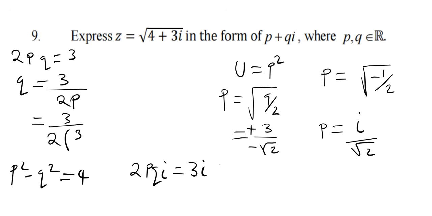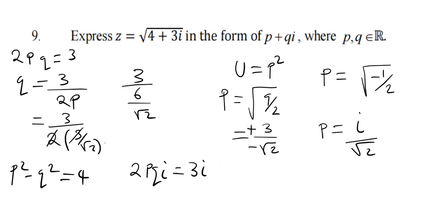Our p is 3 over root 2. I think this one now is better. So from there, you're just supposed to solve this expression. In this case, your 2 multiplied by your 3 there is 6. So I have a situation where I've got 3 over 6 over root 2.